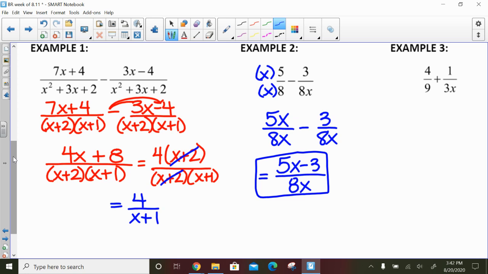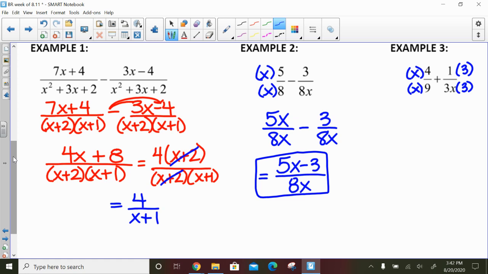Okay, and then example 3, I'm going to multiply the right side by 3. And I'm going to multiply the left side by x. If I multiply this by 3, that'll give me 9x, and then I've got to multiply the top by 3. And then over here on the left, I need an x, because the right has an x, so I'm going to multiply it by x.